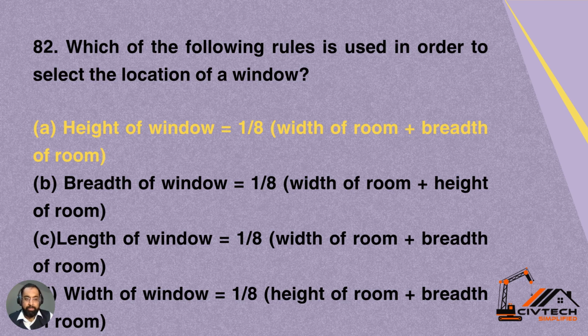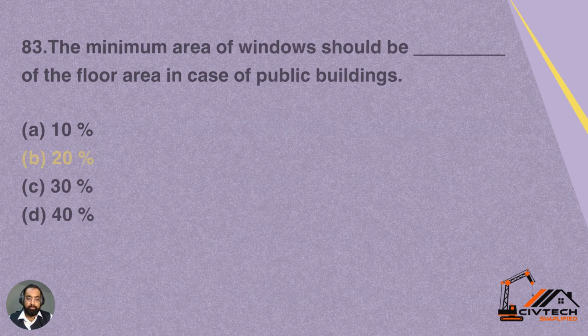So out of all these options, option A is correct, which is height of the window should be equal to 1 by 8 into width of the room plus breadth of the room. Width plus breadth into 1 by 8 should be the height of the window.